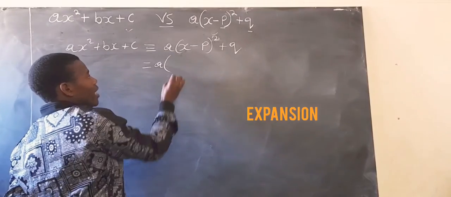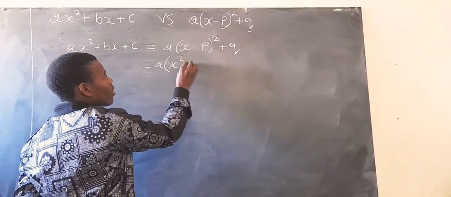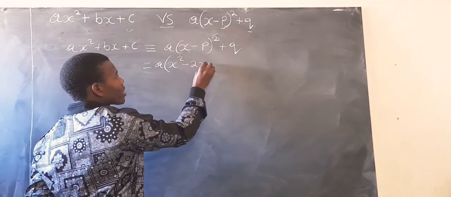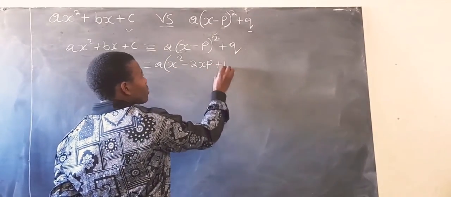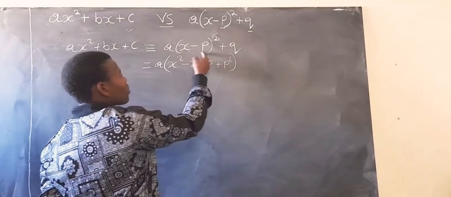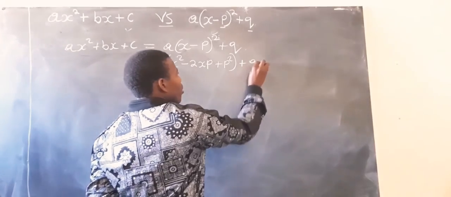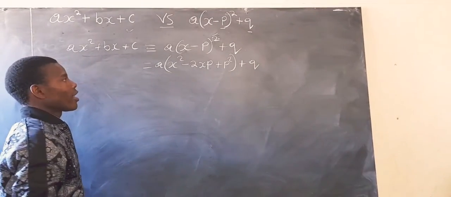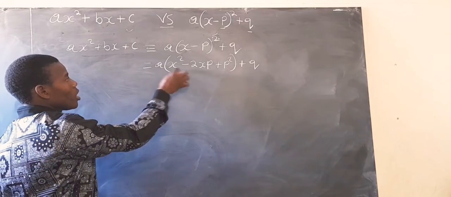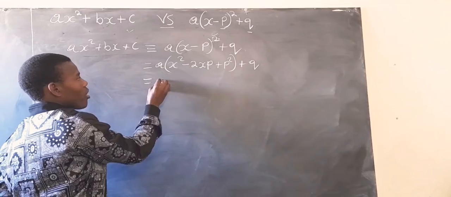Let's have a outside, then we have x squared, then we have minus 2xp, then we have plus p squared, by expanding this binomial, then at the end we add that q. Now, what we have thereafter, let's try to remove the brackets by expanding or distributing that value a.